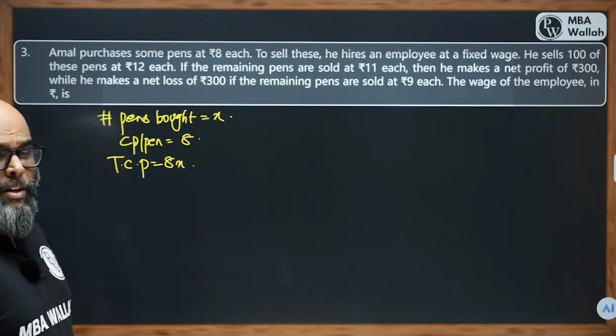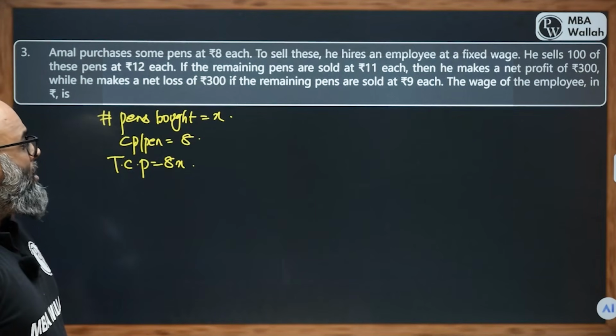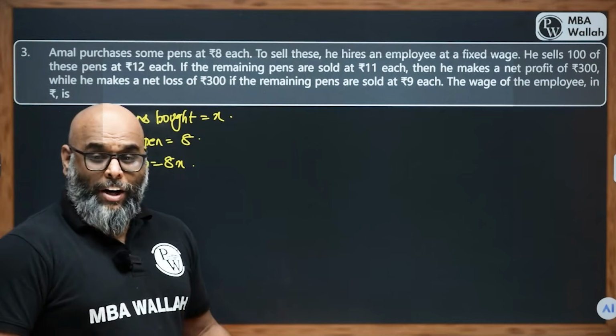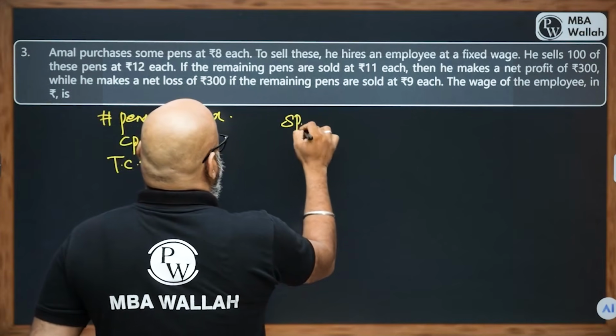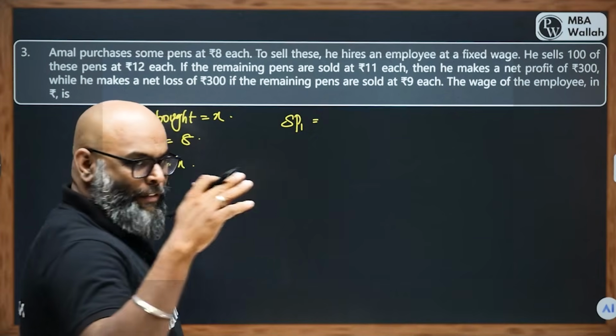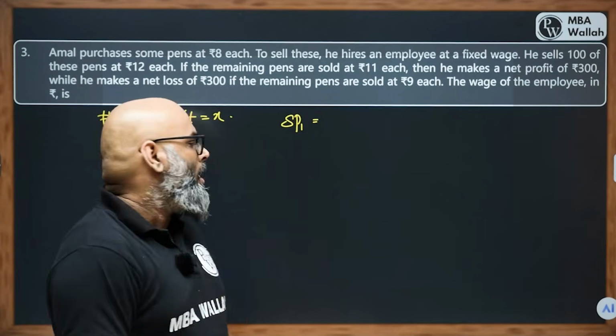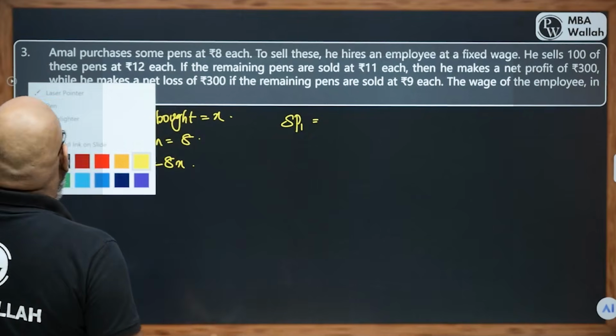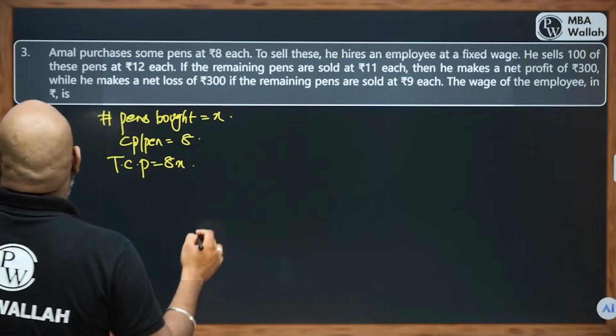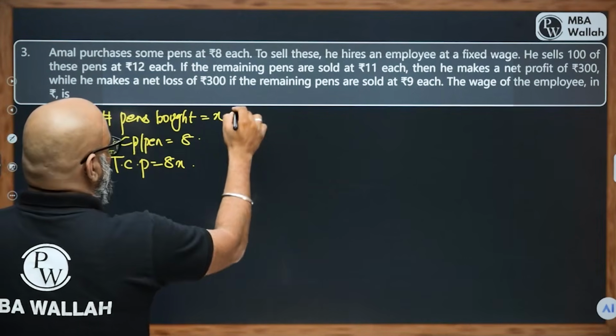That's my total cost price. So what did he do? Selling price, there are two different conditions. According to my first condition, selling price, let me call it 1. There's an if clause, so we'll have to check for it. I'll call it selling price 2. So selling price 1, let me save some space here.